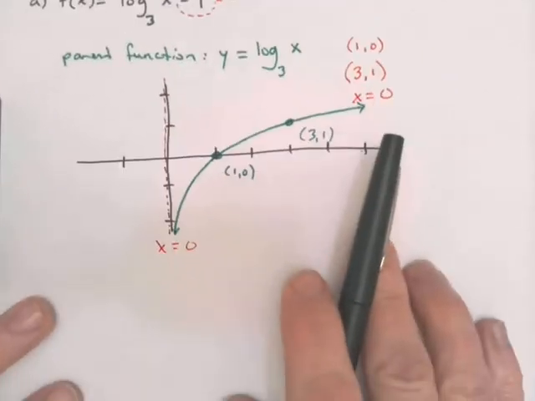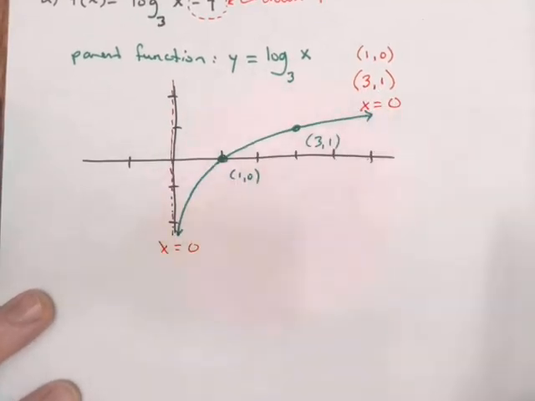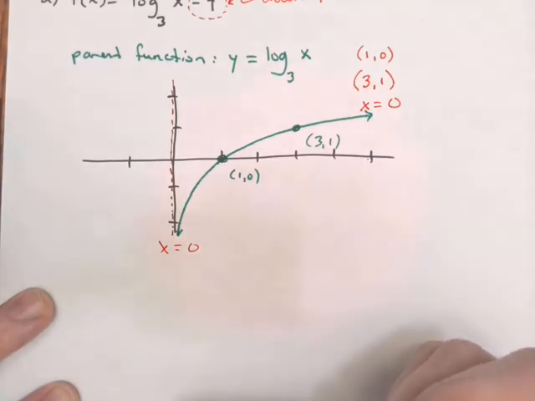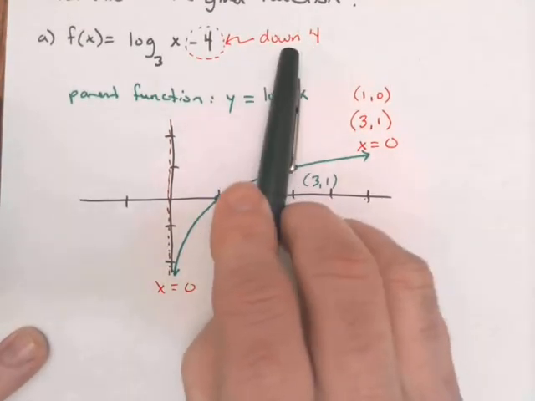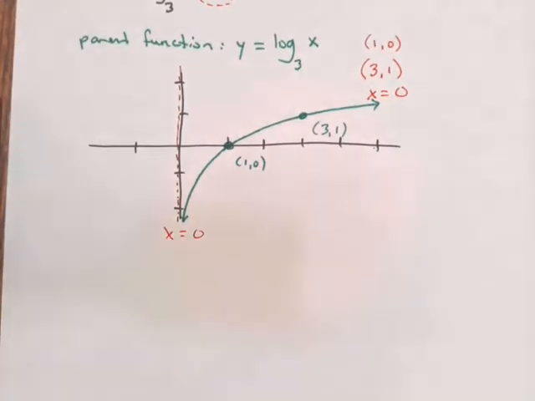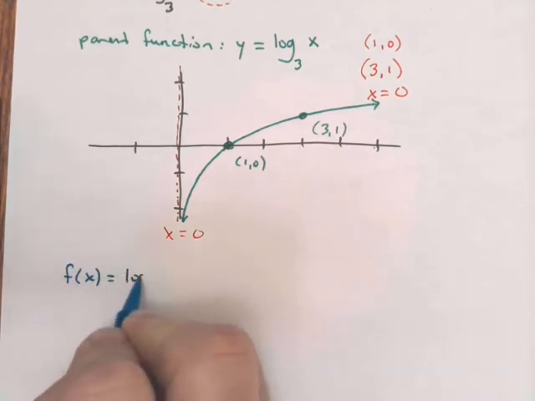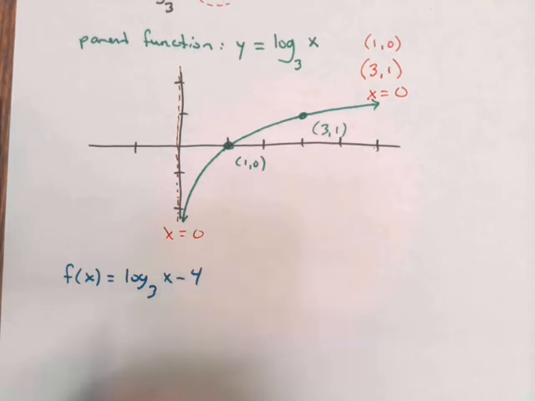So I'm going to take the parent function that I have here, and to make a very quick sketch, I'm going to take the 2 points and the vertical asymptote, I'm going to slide that down 4 units, and then that will be the graph of f of x is equal to log base 3 of x minus 4.